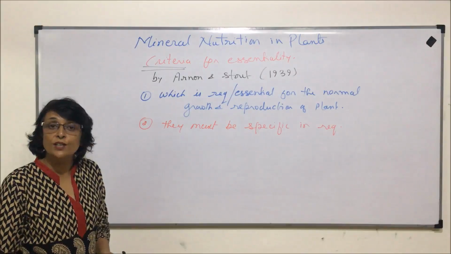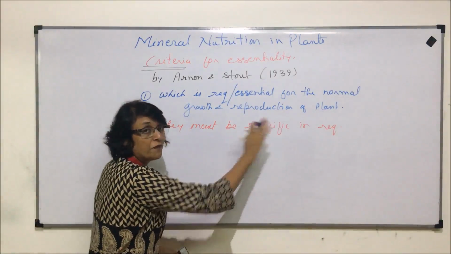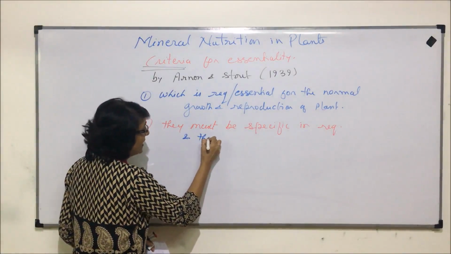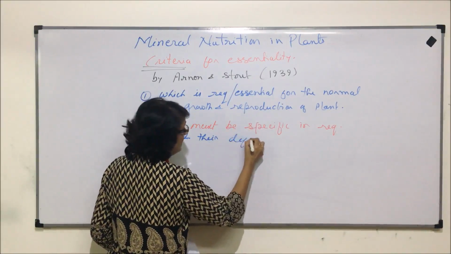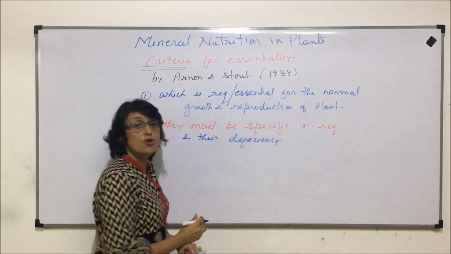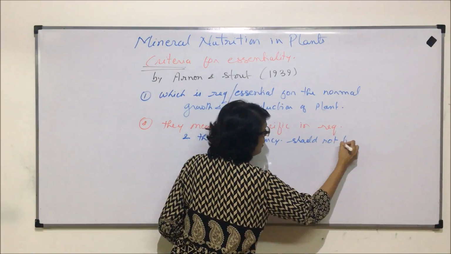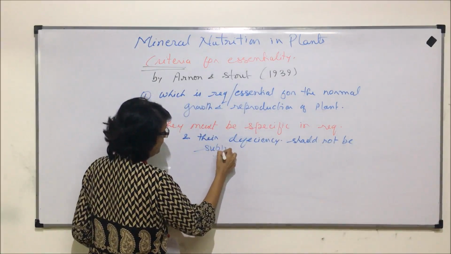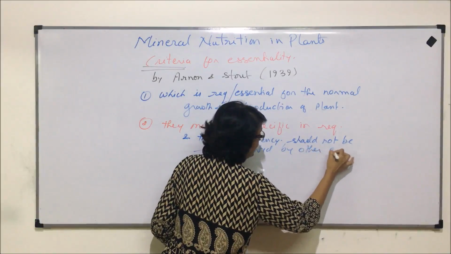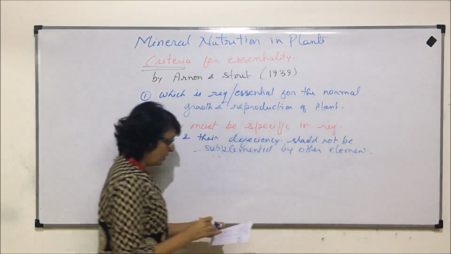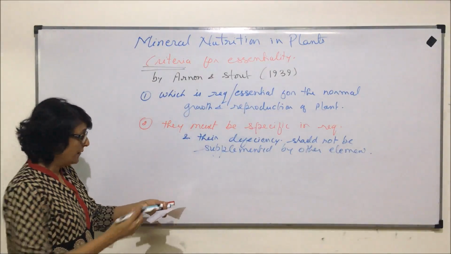Then that would be considered as essential. So they must be specific in requirement, and their absence or deficiency should not be supplemented by other element. Then those specific elements are considered as essential for the plant.